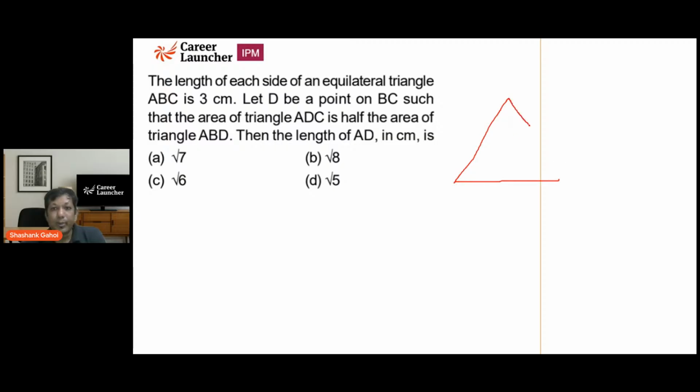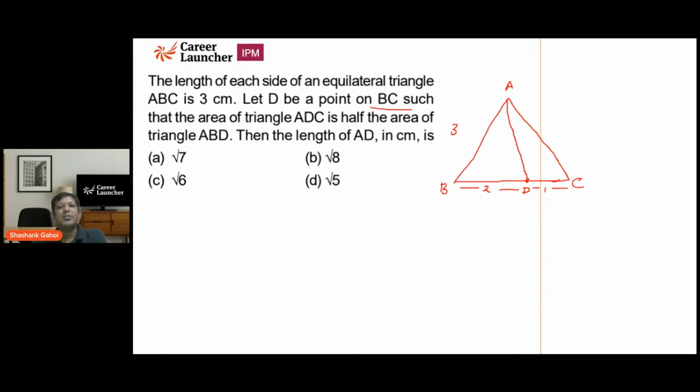I think this is going to be trickier. So we have A, B, C, and the side is 3. D is a point on BC such that the area of ADC is half the area of ABD. So if this area is 1, then this area is 2.